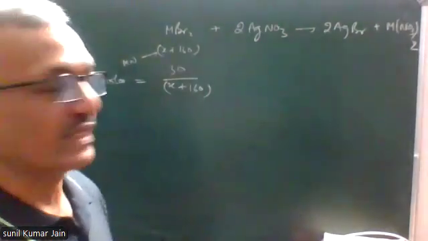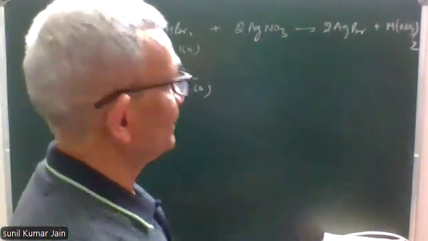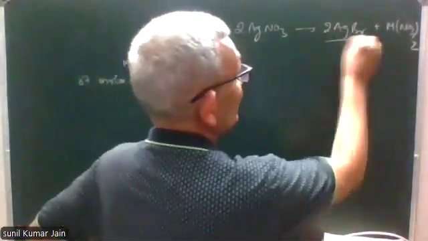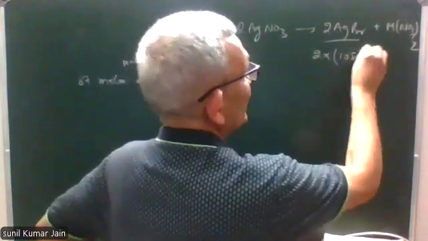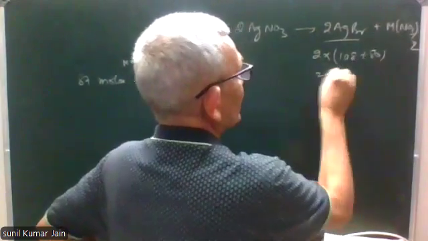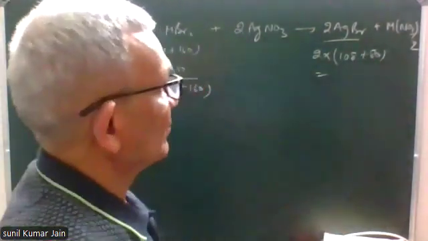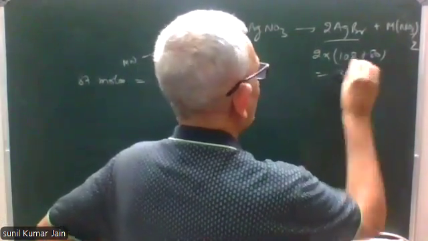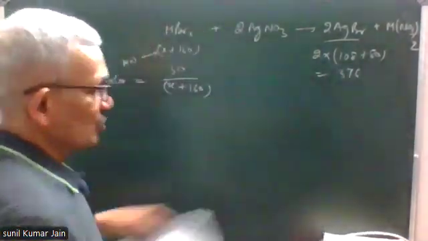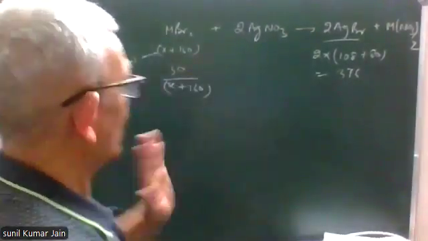And AgBr will be 2 into molecular weight, and molecular weight will be 108 plus 80. This is 188 into 2, 376. So there's no need to even calculate number of moles.